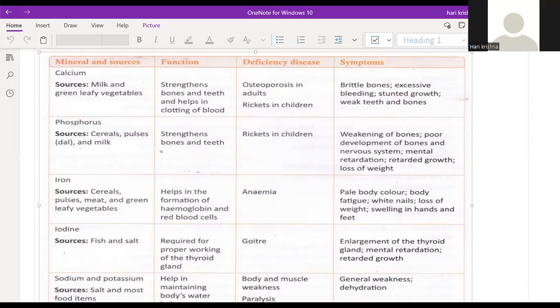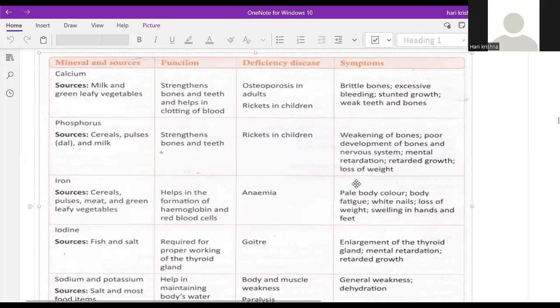What is the meaning of mental retardation? Mental retardation means you stop growing mentally.